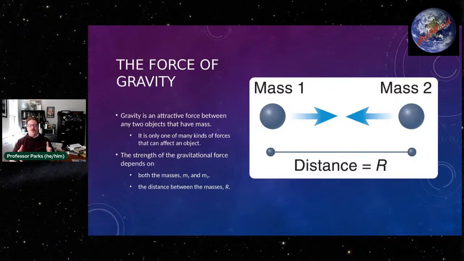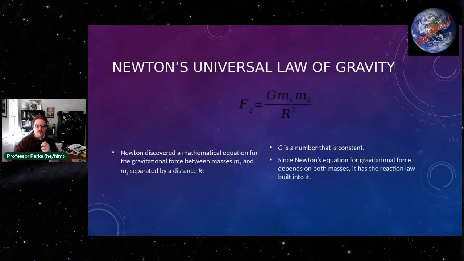Specifically, gravity is a force of attraction between two masses separated by some distance. Written out, the force of gravity in all of its glory is equal to a gravitational constant, which is just a numerical constant, times the mass of one object, times the mass of the second object, divided by the distance between them, squared.